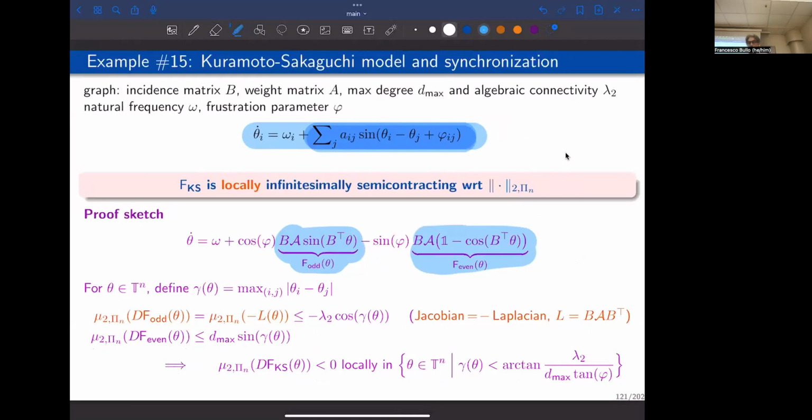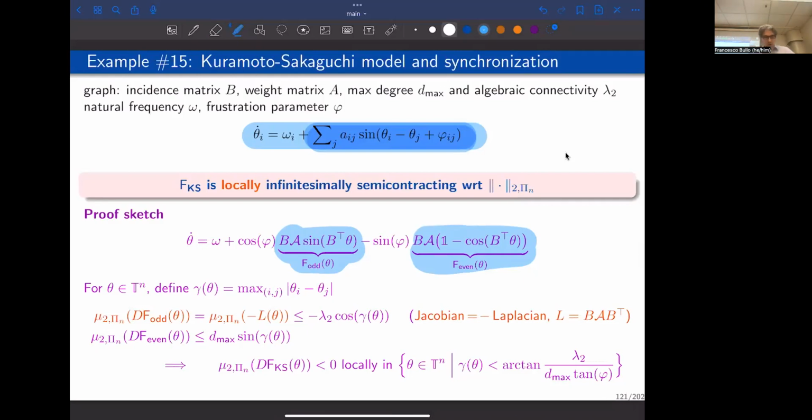If you have an odd vector field and you calculate the Jacobian, in this case, it's going to be symmetric. And if you have an even vector field, yes, exactly, it is going to be skew.